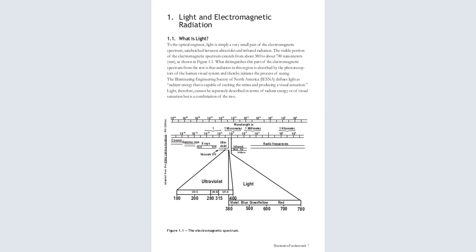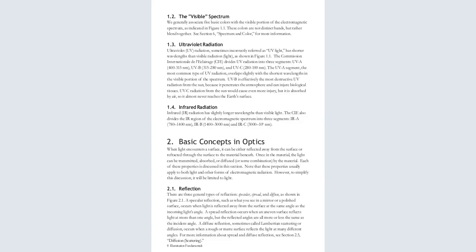What distinguishes this part of the electromagnetic spectrum from the rest is that the radiation in this region is absorbed by the photoreceptors of the human visual system and thereby initiates the process of seeing. So it is the rays of light from this spectrum that enable somebody to see. It's important to know about that.